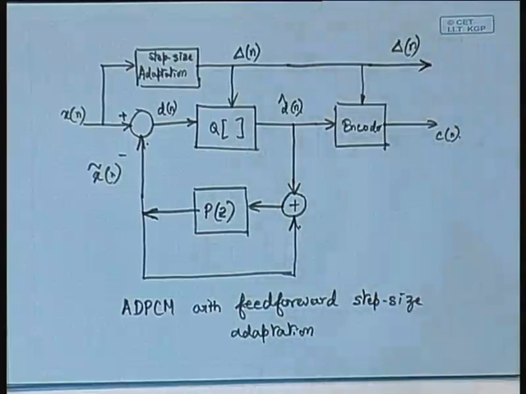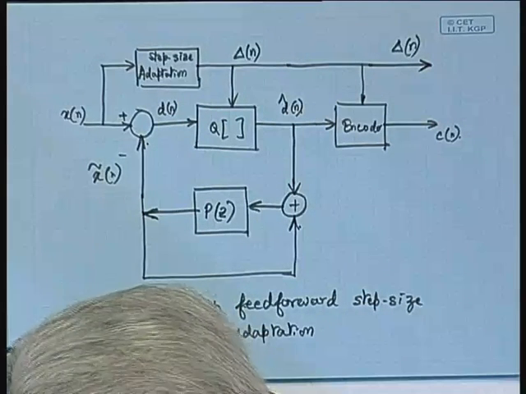Okay. So, definitely the adaptive quantization is helping to a very significant extent as compared to the regular differential pulse code modulator.